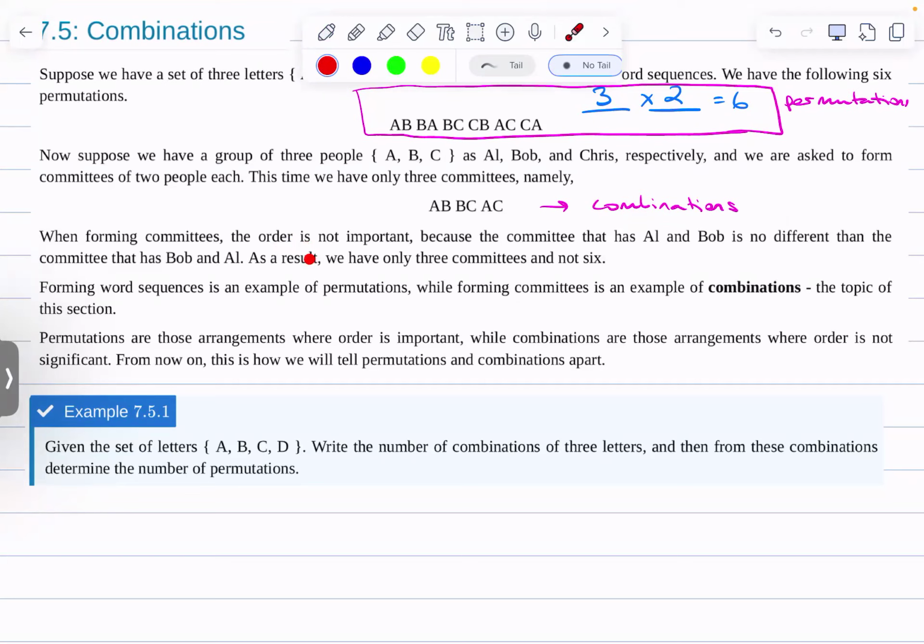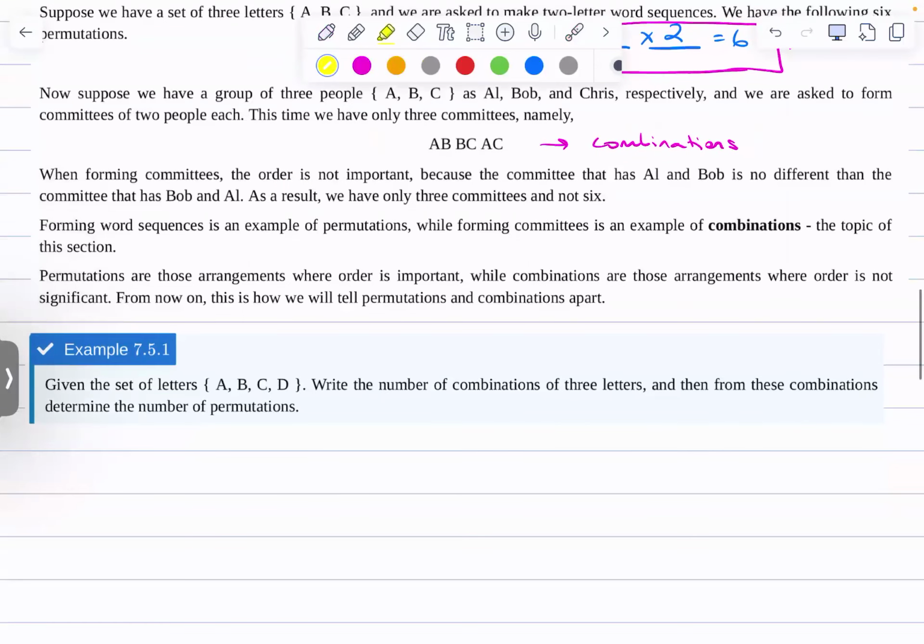Al Bob is the same as Bob Al. And so we have 3 committees and not 6. I'll highlight this last piece here because that's really the one that I set it all up for.